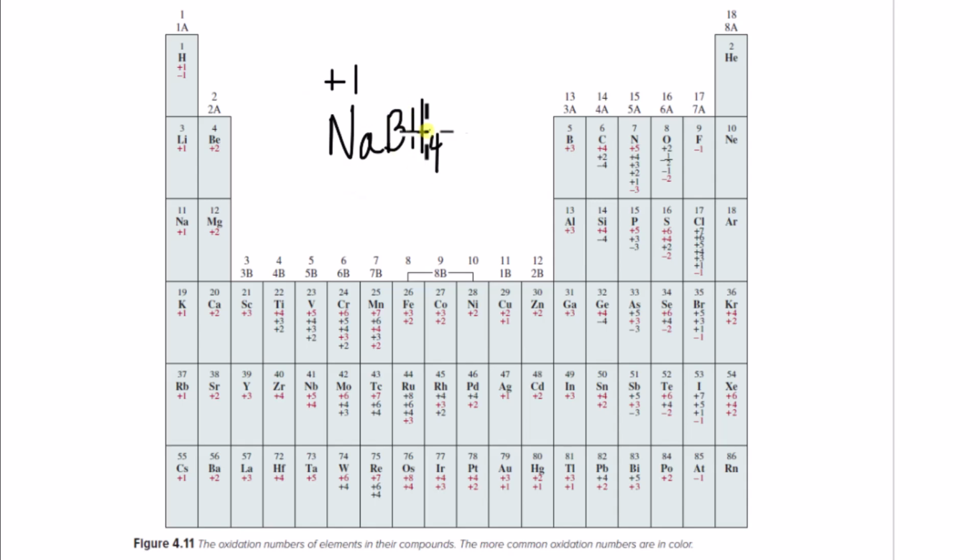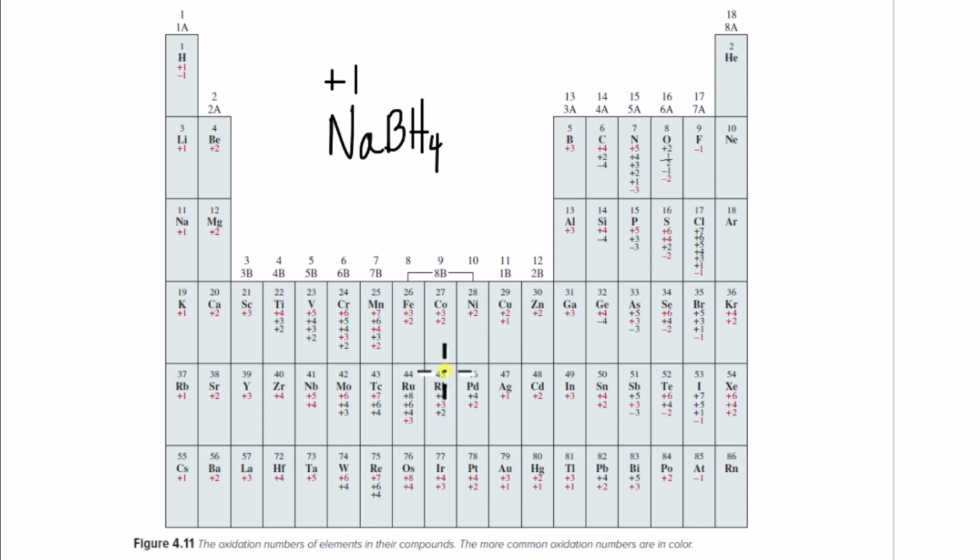Because you can't use the sum rule at this point, because you'll have one equation with two unknowns. If we say that each of the hydrogens has oxidation number of X, the boron Y, then applying the sum rule, you've got X plus Y plus 1 equals 0. That's two unknowns in one equation.